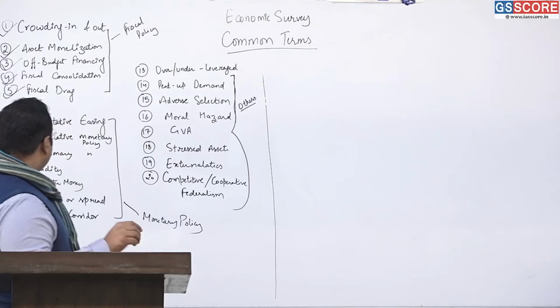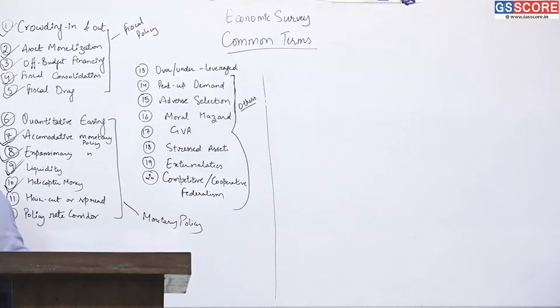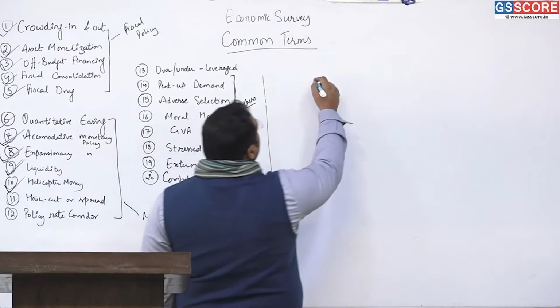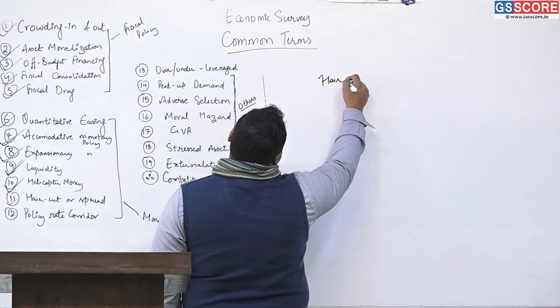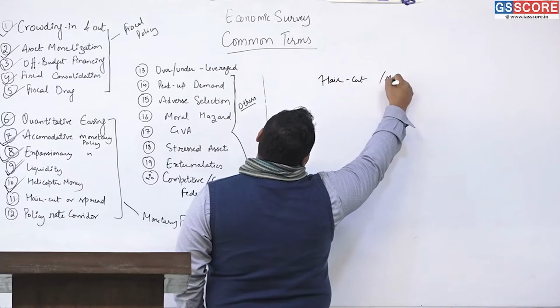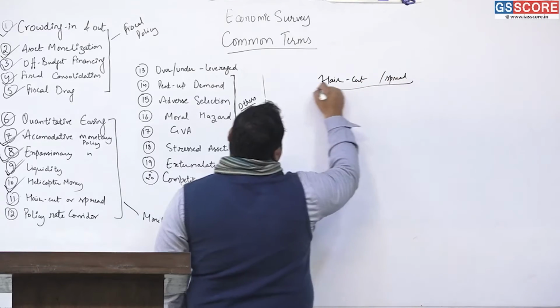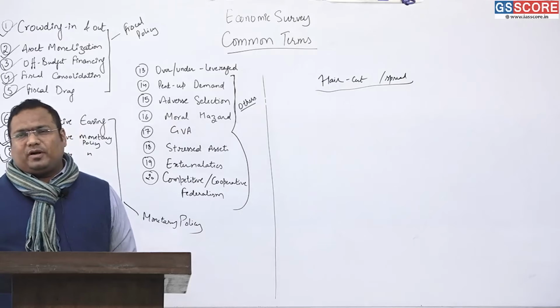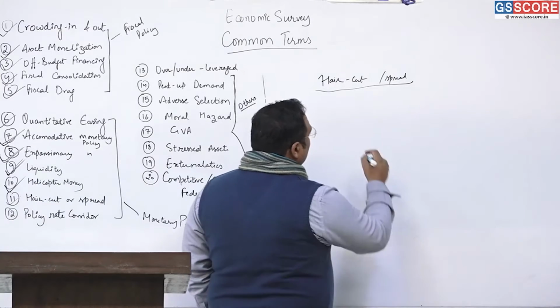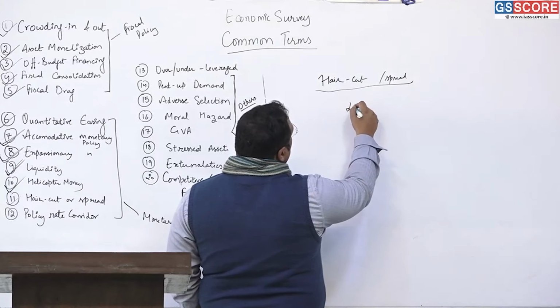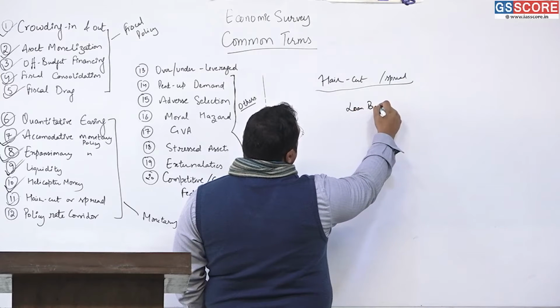Now, let us look at the next term, that is haircut or spread. Haircut or spread is used in the context of loan creation by banks or other financial institutions.